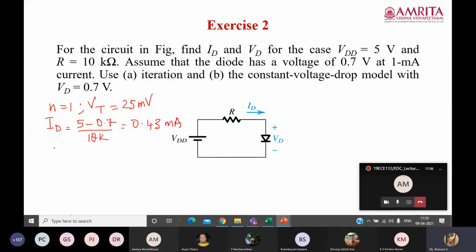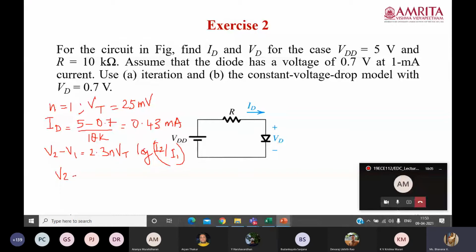Now we'll perform the iteration using the formula V2 minus V1 is equal to 2.3 n VT log I2 by I1. Here, what is unknown? V2 is unknown. What will you take as V1? 0.7.